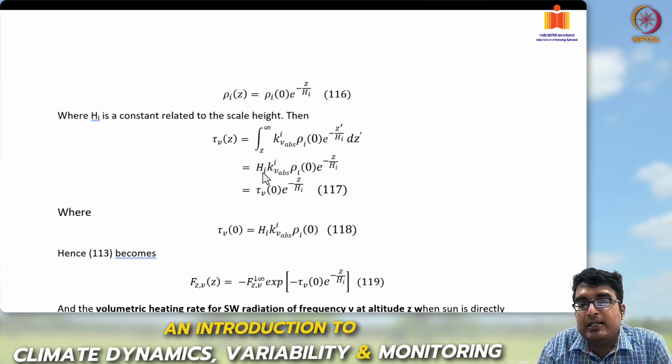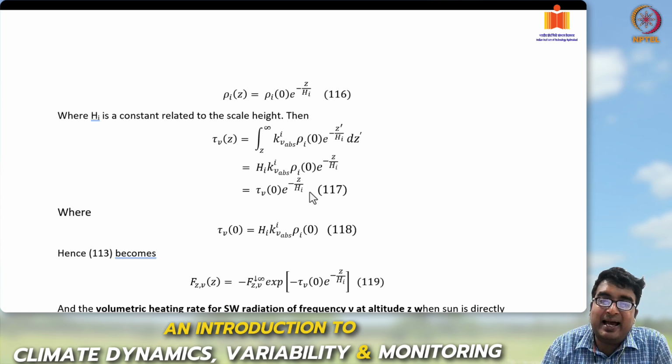So the first three terms we can bring together, and it's called tau_nu0. Tau_nu0 is the constant in front. So optical depth at z is the optical depth at 0. Why is it the optical depth at 0? Because if z equals 0, this becomes e to the power 0, so it's 1.